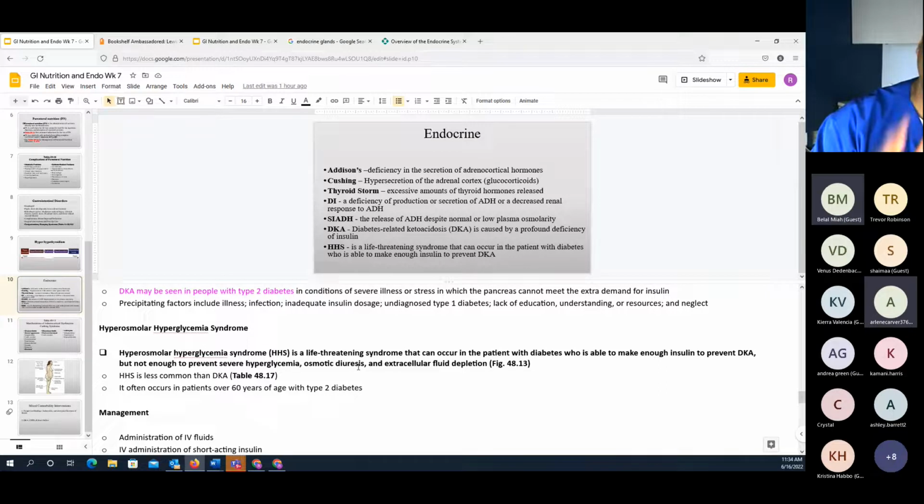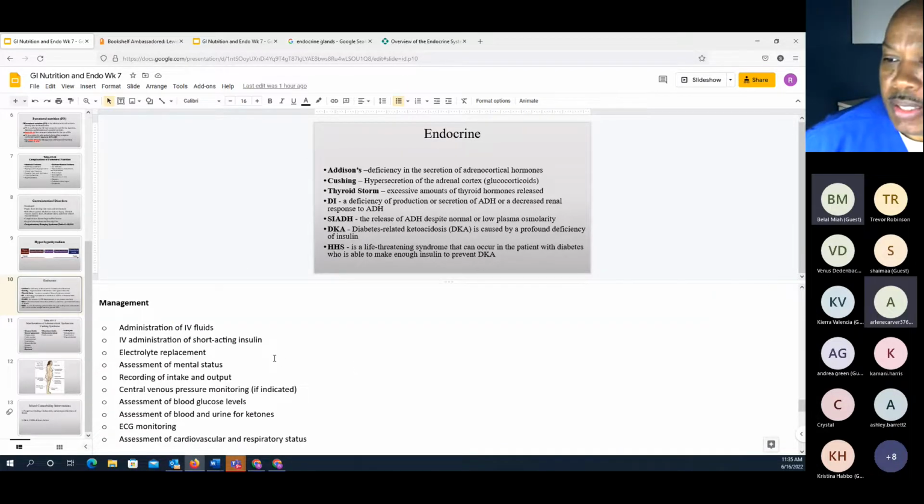And the reason they become hungry, or polyphagia, is because they are starving at the cellular level. The cells are not getting any glucose inside of them because of lack of insulin, and so they're starving, and so these patients become hungry. All right. As far as polydipsia, the glucose content is so high, it's created this hypertonic environment, and so they become very thirsty, and so they drink a lot. All right, so keep that in mind.